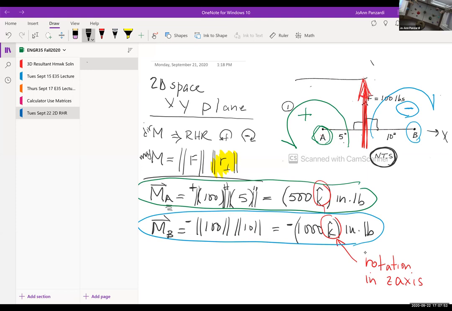Sorry, I didn't tell you. So if we're given a force and we know the perpendicular distance to point A, this is how we're going to solve it. Absolute value of the force times absolute value of the perpendicular distance. And then we find the direction by using our right hand.